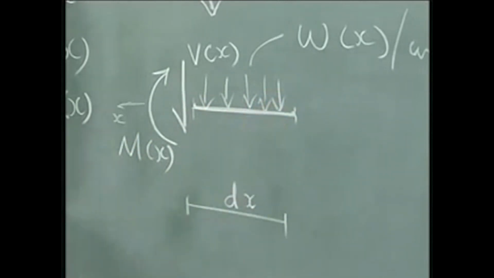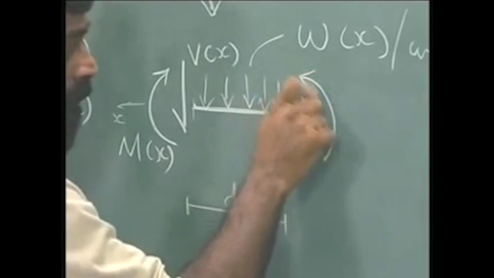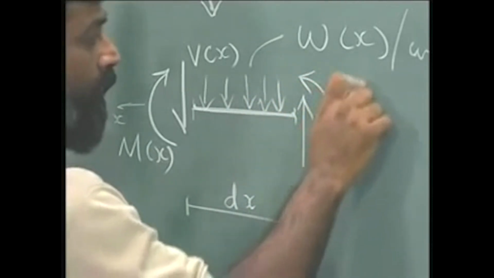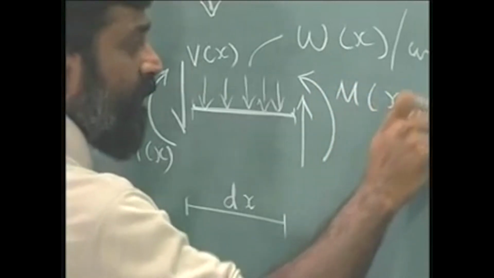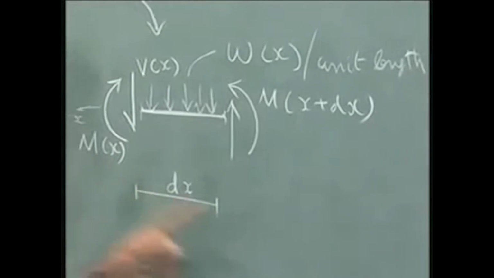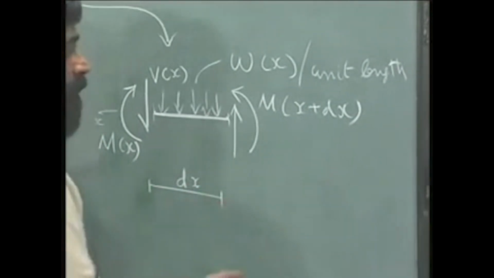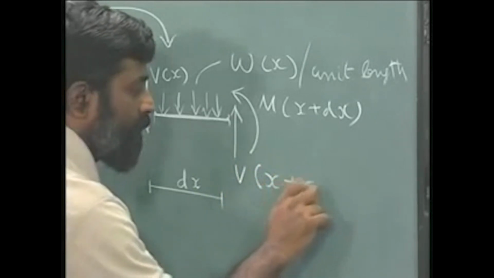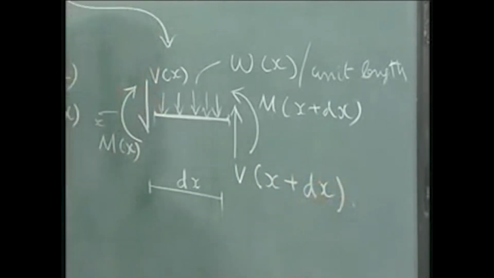Since we have cut this side also, we have moment and shear force. This is M at x plus dx, because I am taking dx away from this in the positive direction, and this shear is V at x plus dx. Alright.